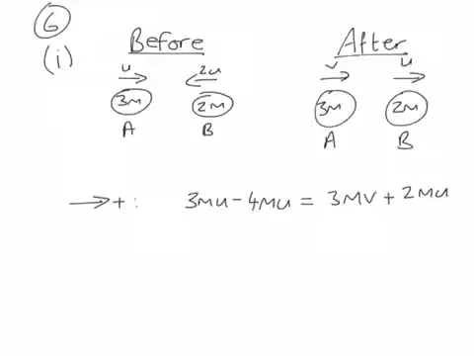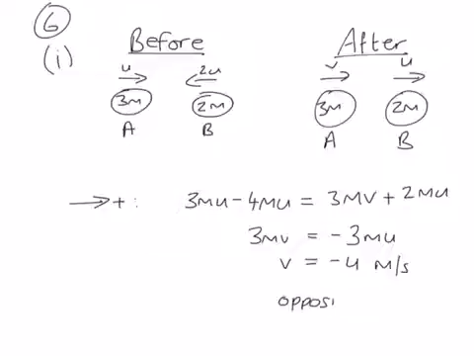Okay, so if we just rearrange that, we will have 3mv is then equal to minus 3mu, which means v is just going to come out as minus u. Okay, so it moves at a velocity of minus u meters per second, so obviously we can see it is in the opposite direction to which it was going originally.